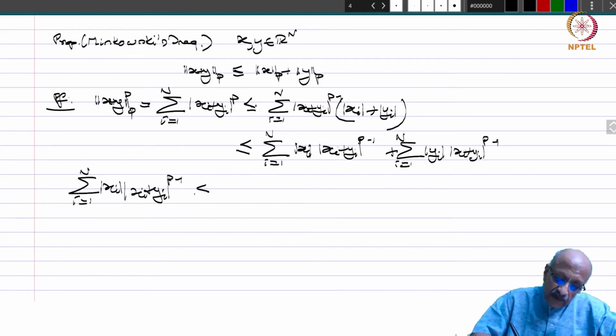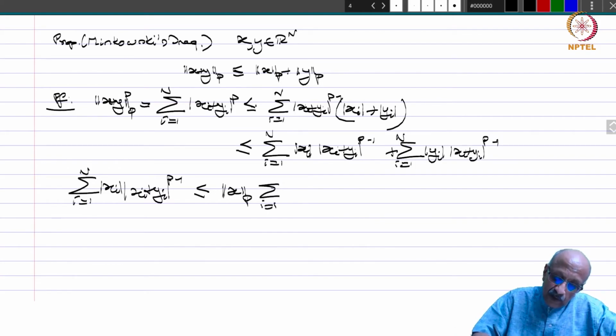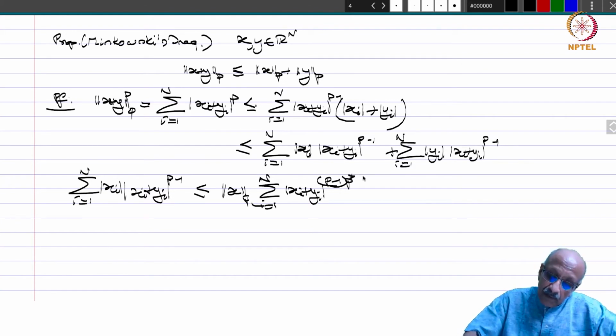This is less than or equal to, for the first one I have to put power p, so I'll get norm x_p, and now I'll get the p* norm of this. In expanded notation, you have sigma |xi plus yi|^((p minus 1) times p*), whole power 1 by p*.